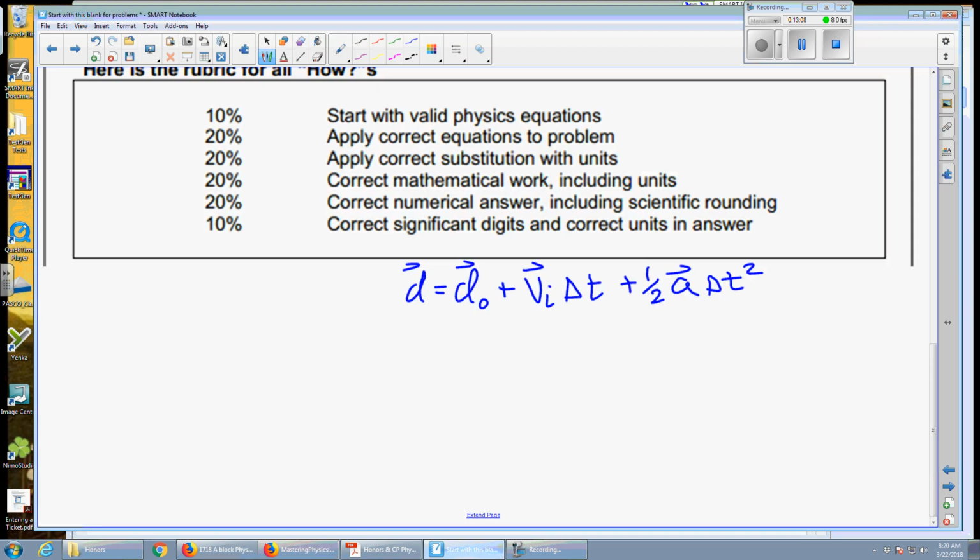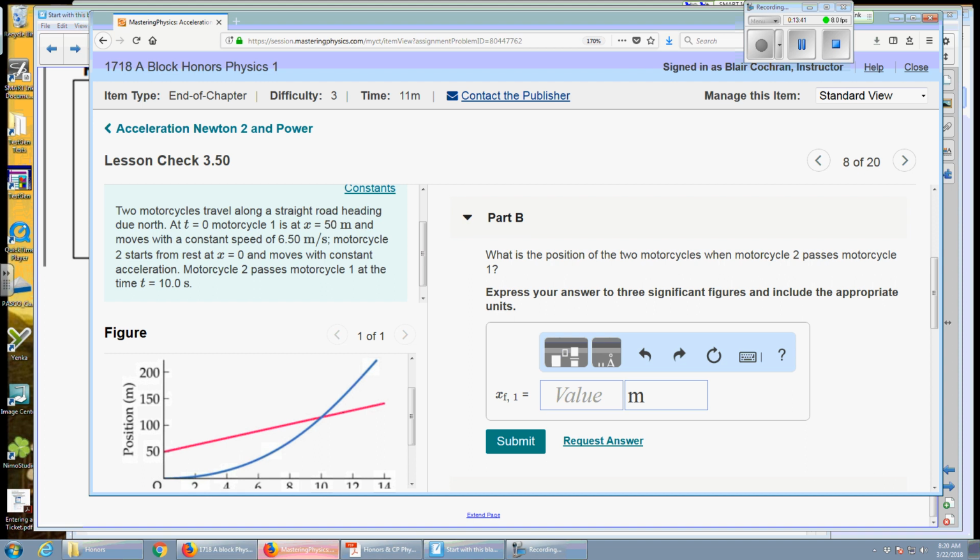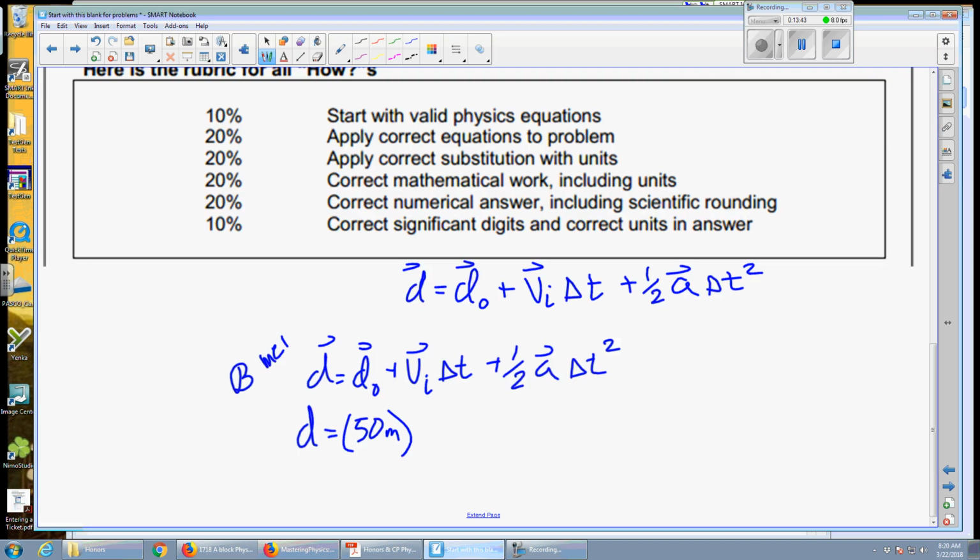So for part B, I'm going to use that same equation and put in what I know. I don't know where they end up. I'm doing this for motorcycle 1, which starts at 50 meters. Does it ask how far it travels? No, it just asks the position. So D is the position.